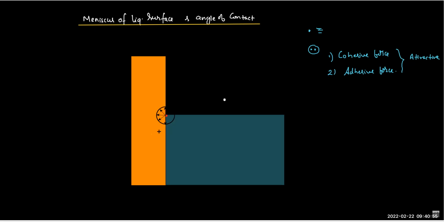If I take the resultant of all the adhesive forces, what will be its direction? Left. So this is the resultant direction of all forces acting together. Is this clear? So we call this resultant force the adhesive force.